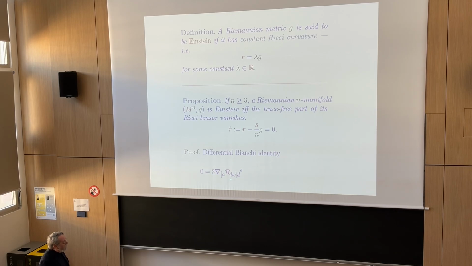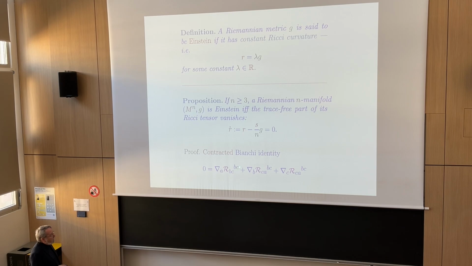And that's equivalent, in a less elegant way, to saying that if you take the cyclic sum over the first 3 indices, so the sum over cyclic permutations, you get 0. Now what you can then do is raise 2 of the indices, and then contract.